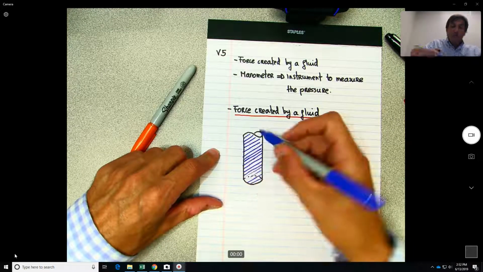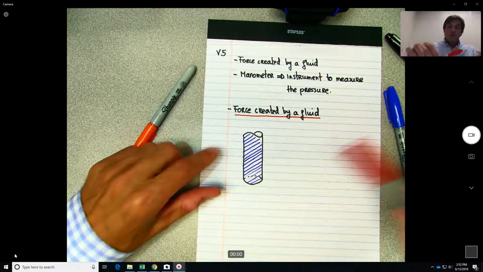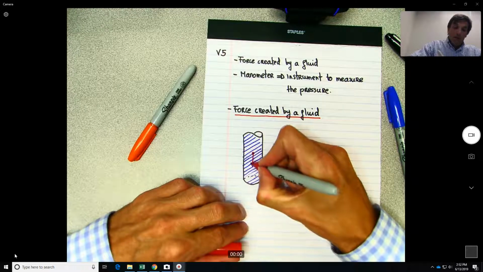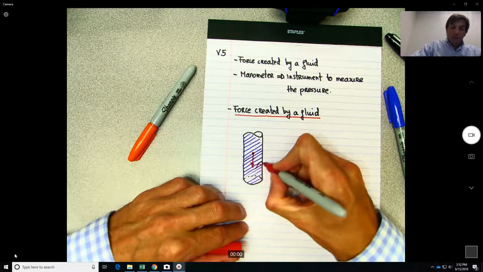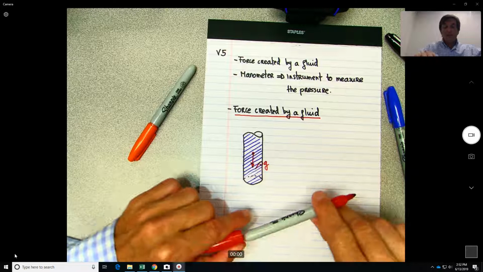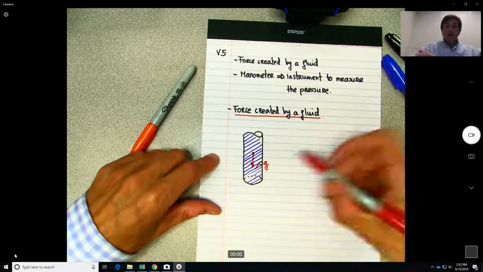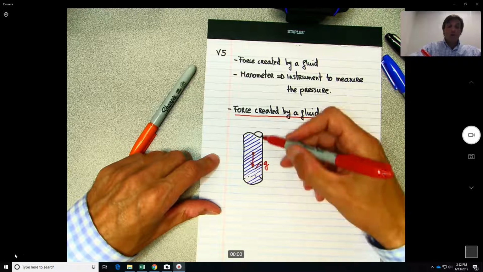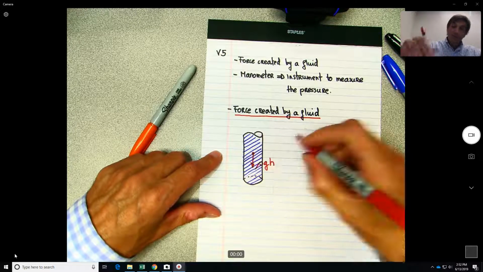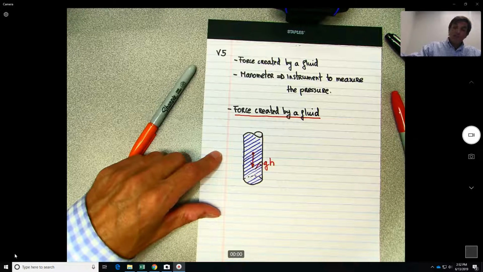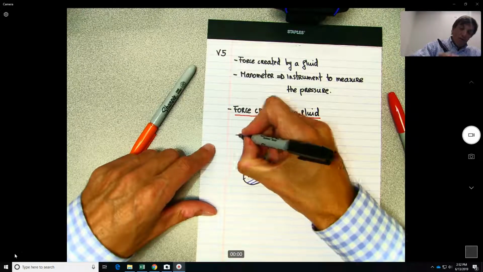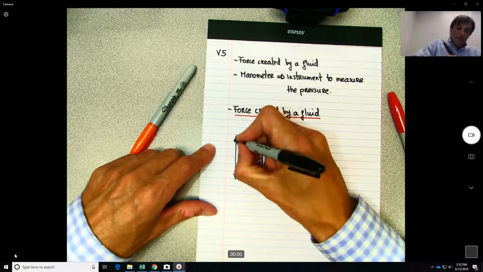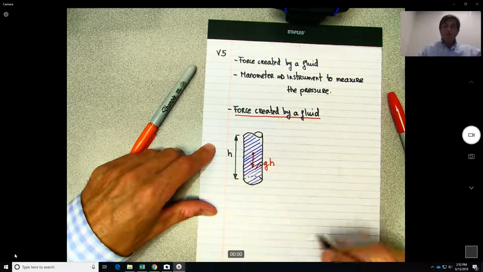So let's say the tube is filled with water, so you will have here gravity rho g, and you know that the amount of the force will depend on the amount of water you put within your tube, so on the height of the tube. But this could be just the height h of your tube.